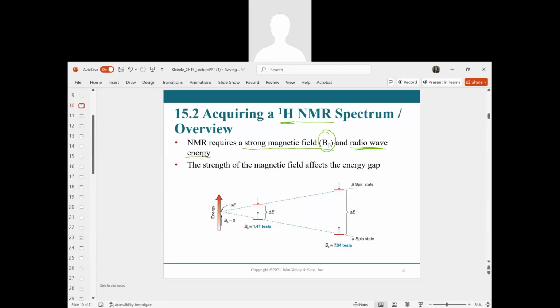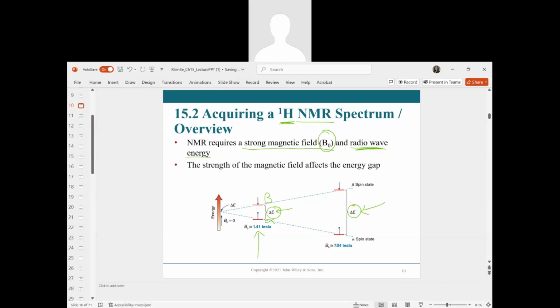We can see here that there's two different delta E values given here. And these are dependent on the strength of the external magnetic field that is applied. So here we have a lower strength, a 1.41 Tesla magnetic field, and we can see that the energy gap between our alpha and beta state is this amount here, whatever that energy difference is.